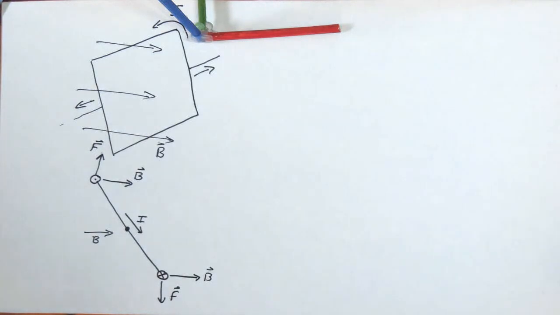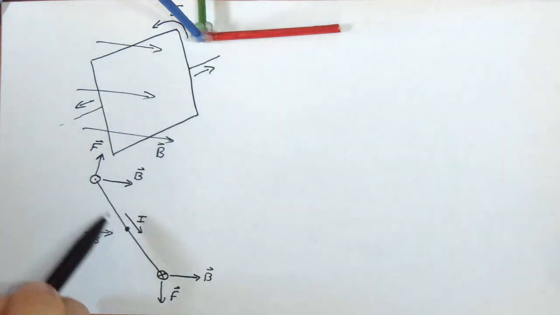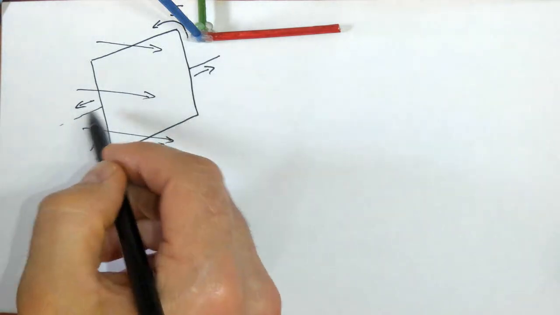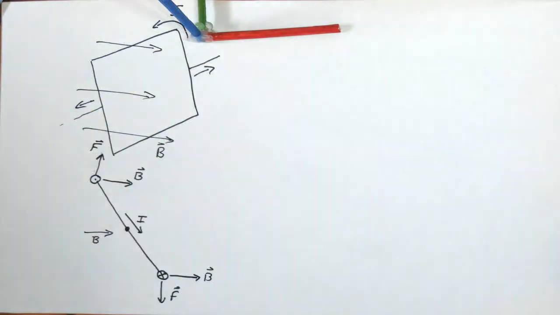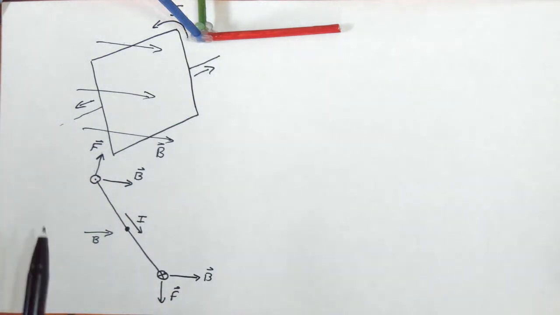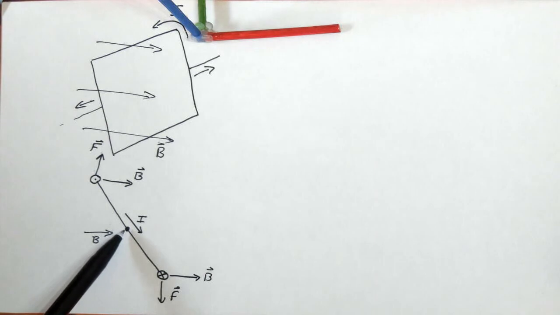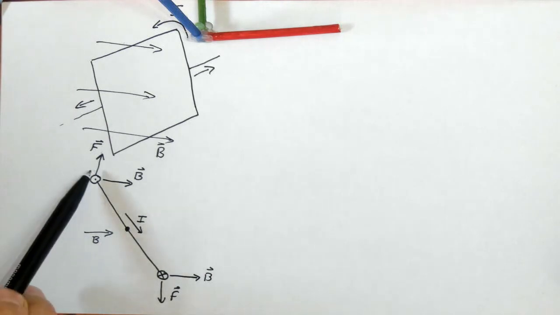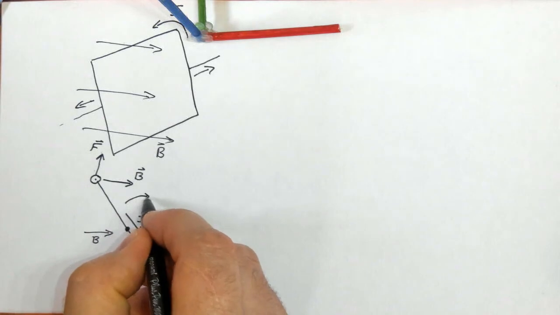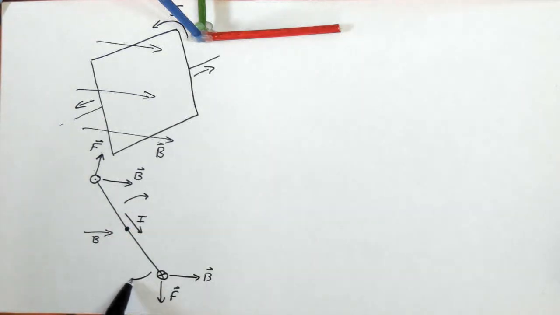Okay, everything's pulling 0. But look at this force and this force. The forces along the axis aren't going to do anything. The axis kind of fixes the wire. It can't move along its axis. But if it can spin about that axis, then this force is going to have a torque that's going to cause it to rotate that way. And the same could be said about this one.